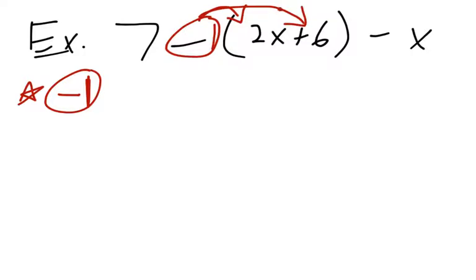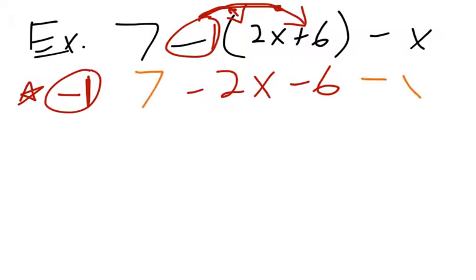And I draw those arrows just so that you remember that you're multiplying it to both terms. So it's -1 times 2x, which is -2x, -1 times 6, which is -6. And now we just bring down what didn't distribute, so the 7 and the -x.